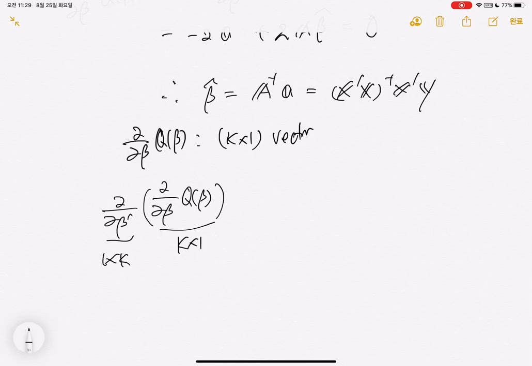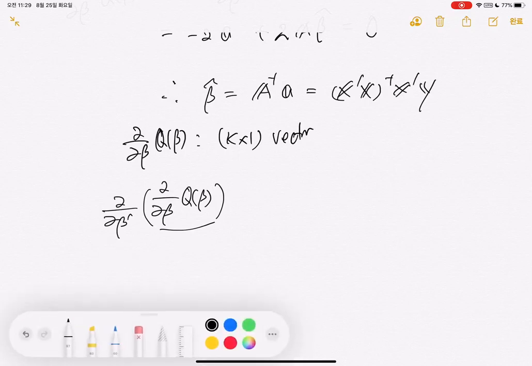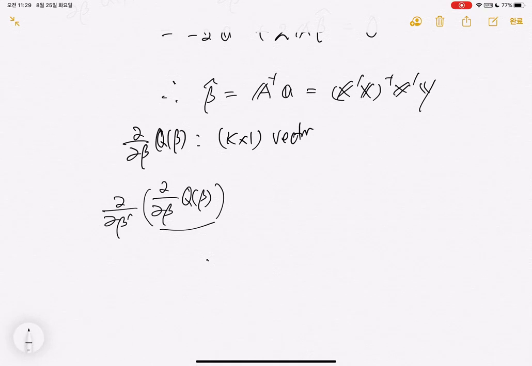The other way, sorry. So the second order derivative of a vector valued function, the multivariate function, is here and here. So this is partial beta Q of beta prime.